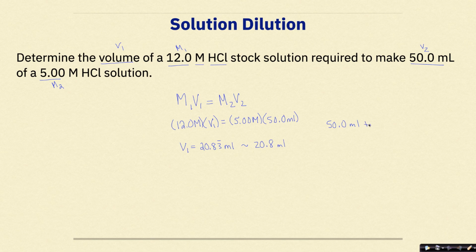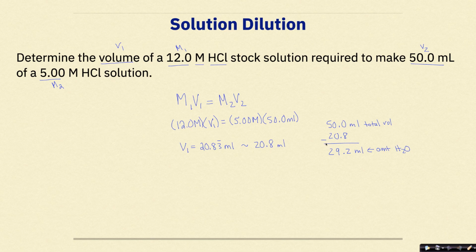That's, again, total volume. And then I'm going to subtract 20.8 from that original amount. So if I subtract those two, I get 29.2 milliliters. So that is the amount of water that I need. Amount of H2O.